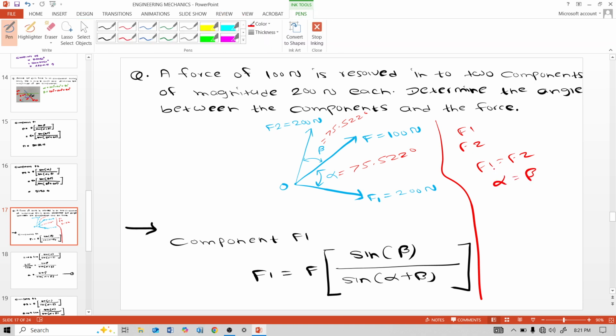Thereafter we consider only one formula, the F1 component formula. We put alpha is equal to beta in that F1 formula, and that way we solve for the angles alpha and beta.